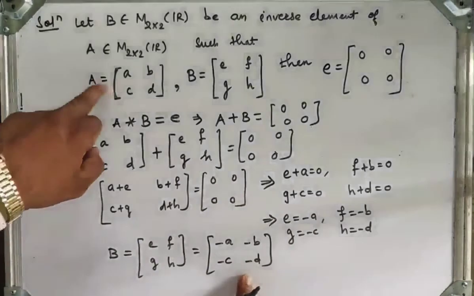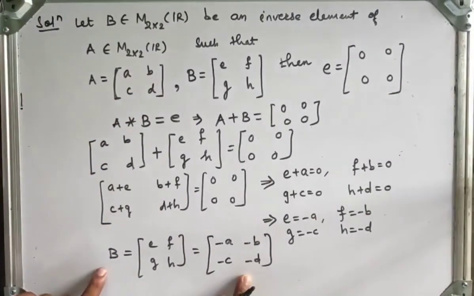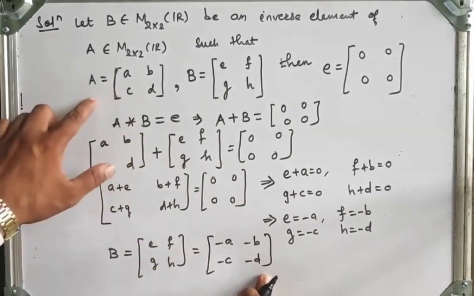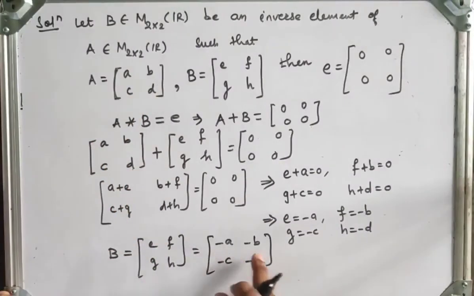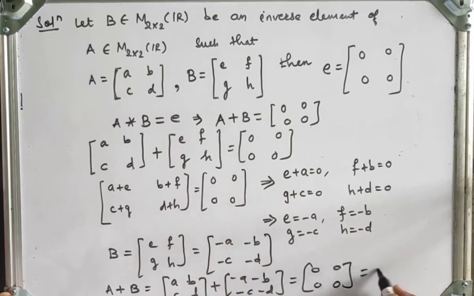The inverse of A B C D is minus A, minus B, minus C, minus D, because if we take their addition, A B C D plus minus A, minus B, minus C, minus D, after taking pairwise addition, A minus A is 0, and we get 0 0 0 0, the identity element.